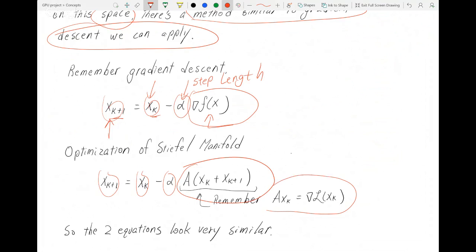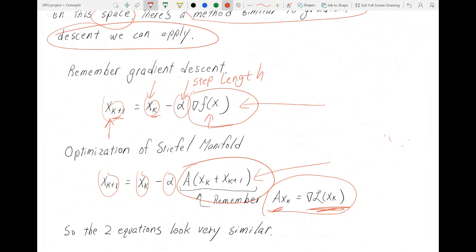Now, you may remember from the previous lecture that AX is actually the gradient at the optimum point. So this kind of makes sense. It's similar to a derivative of a function.